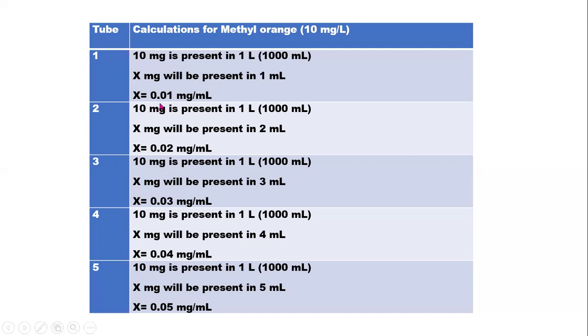When you calculate that, you see that you have 0.01 milligram up to 0.05 milligram. Look at it, 10 milligram is present in 1 liter, that's 1000 mil. How many milligram will be present in 2 mil of the dye? When you cross multiply, you have 0.02 milligram per mil.